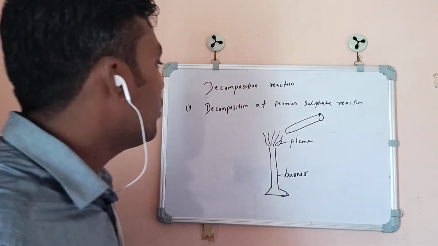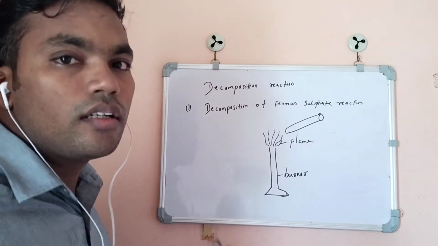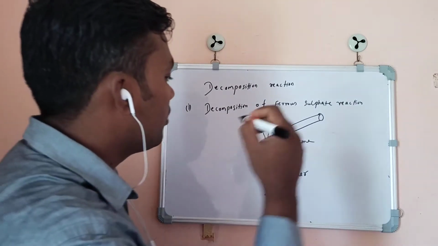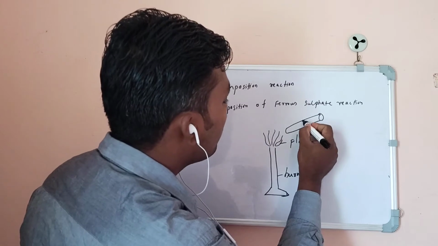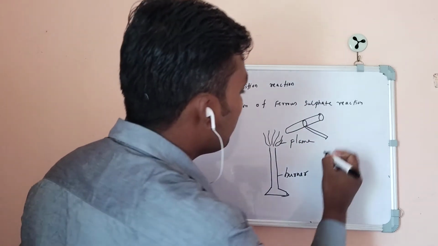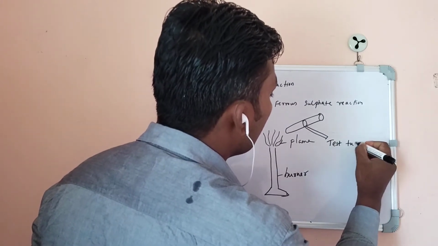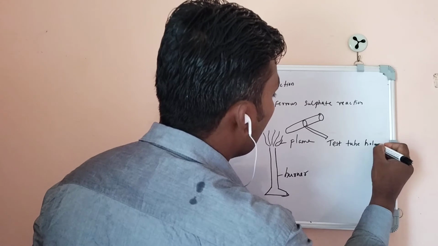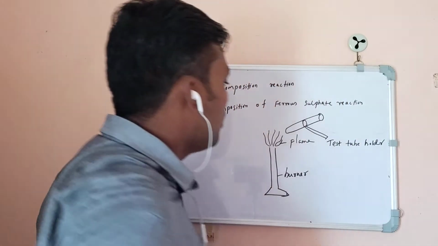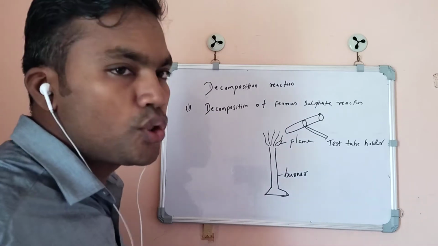Now you are going to do the decomposition of ferrous sulfate reaction. Hold it with a test tube holder. Take one test tube and fix it with the test tube holder.